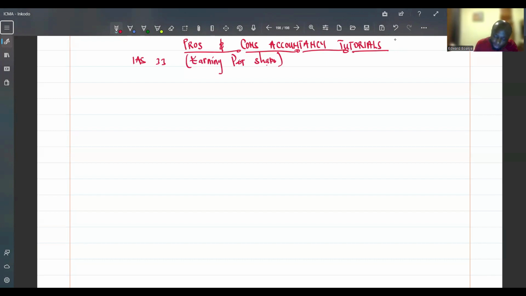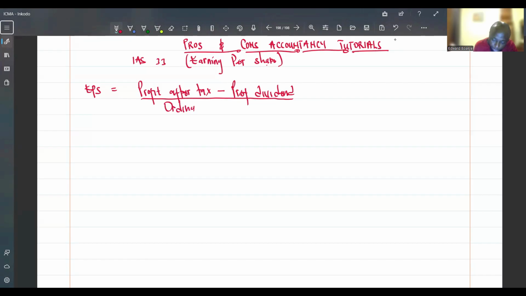In ratios, we will say earning per share is equal to profit after tax less your preference dividend, all divided by your ordinary shares.